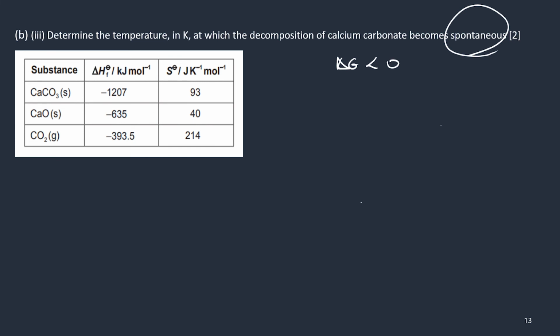The equation that relates Gibbs to enthalpy and entropy is the one that says change in Gibbs will be equal to the change in enthalpy minus temperature times the change in entropy. And so when we take these two and formulate an equation that will help us identify the temperature, we get enthalpy change minus temperature times entropy change should be less than 0.